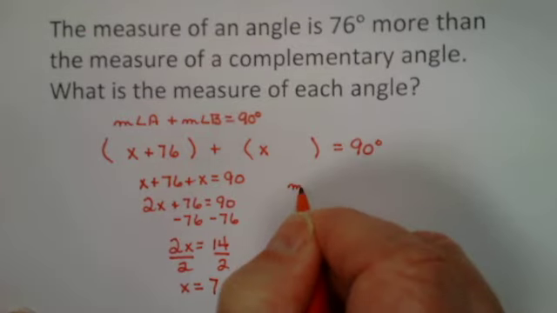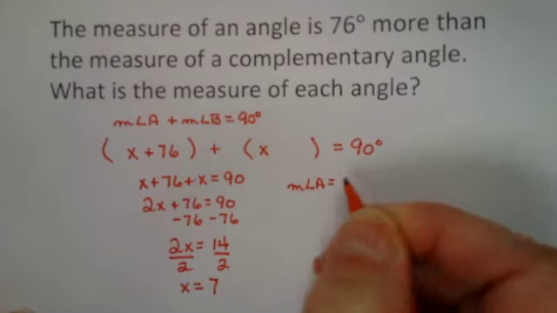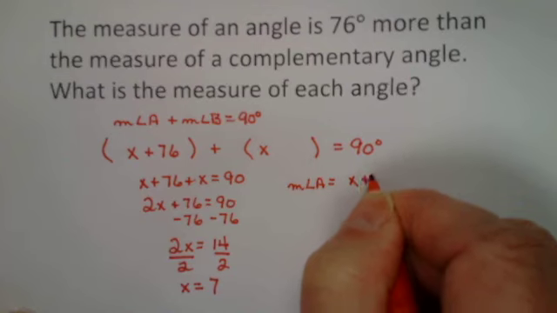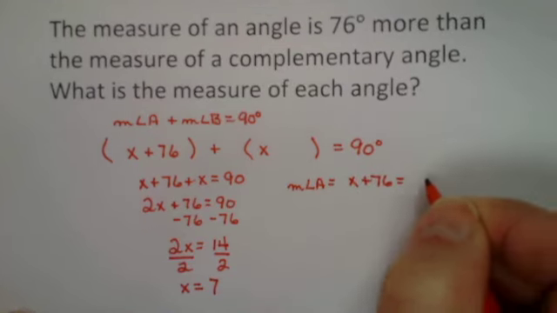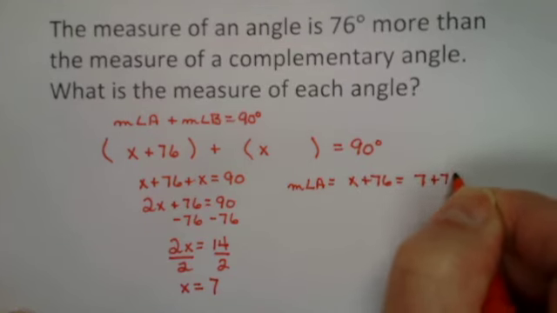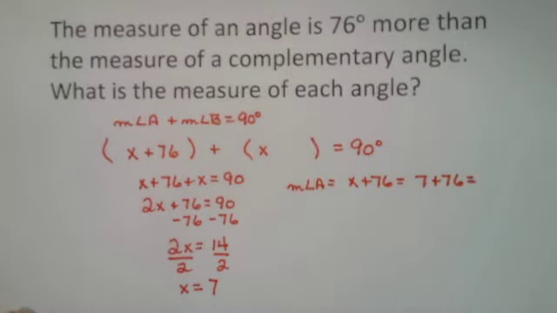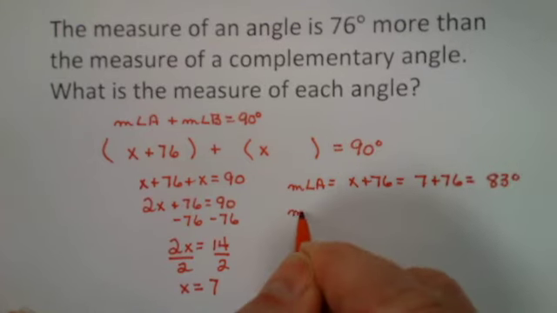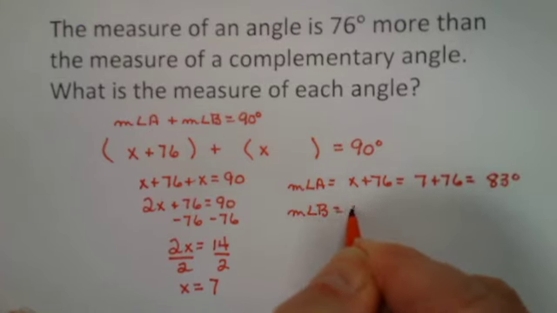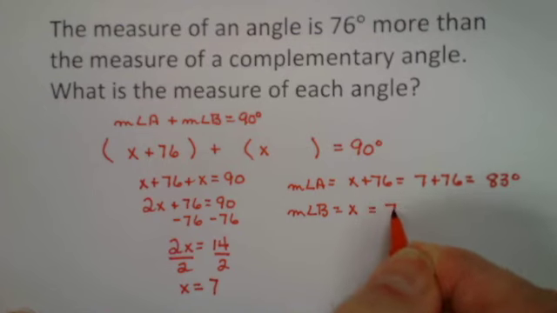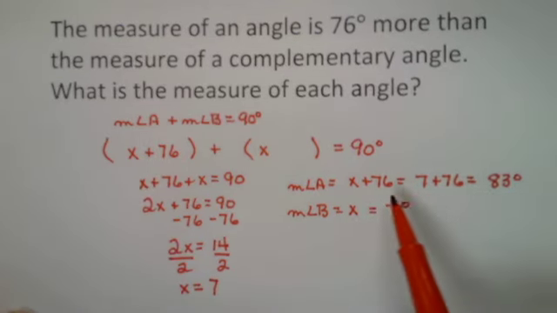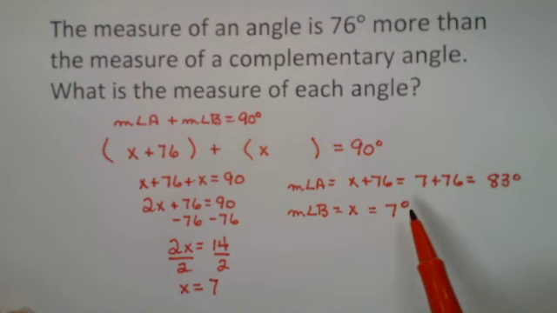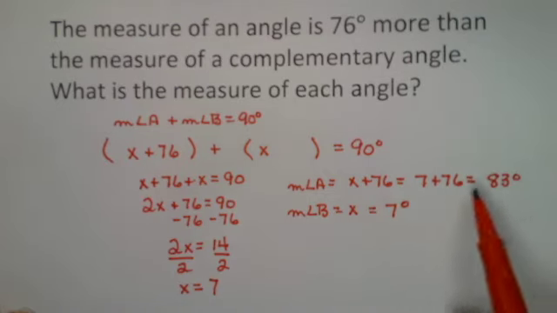So the measure of angle A is equal to x plus 76, and my x is 7. 7 plus 76 is equal to 83 degrees. The measure of angle B is just plain x, and plain x was 7 degrees. These two angle measures better add up to be 90 degrees, and they do add up to be 90 degrees.